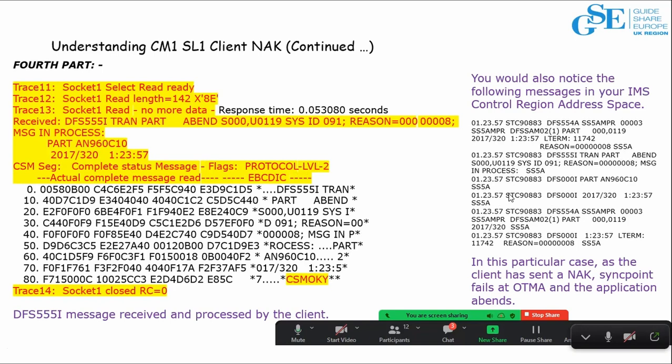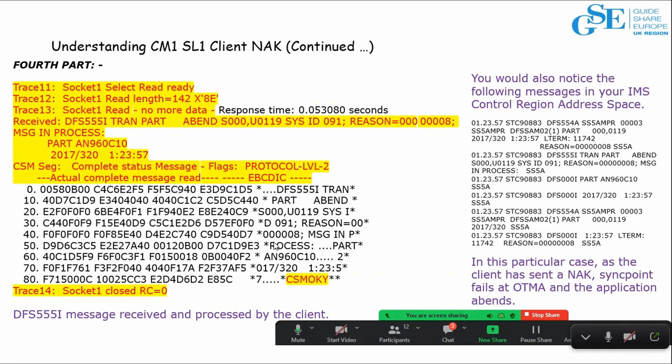In this particular case, as the client has sent a NAC, sync point failure happens at OTMA and the application abandons. So phase 1 sync point completes unsuccessfully, and phase 2 sync point also completes unsuccessfully, which results in the application program being abended out. And then when the IMS Connect client knows that the sync point processing has completed on the IMS side, it goes ahead and processes the DFS 555I message.